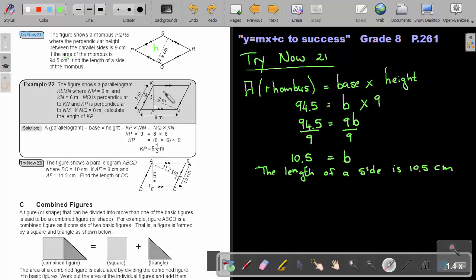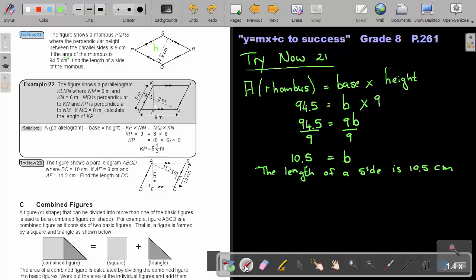Now you can do it in 2 steps or you can do it in 1 step. I'll show you in 2 steps. But first, you just have to work out the area of the parallelogram. You need a height and a base to work out the area. So 6 times 8 is 48, and that's going to be the area.